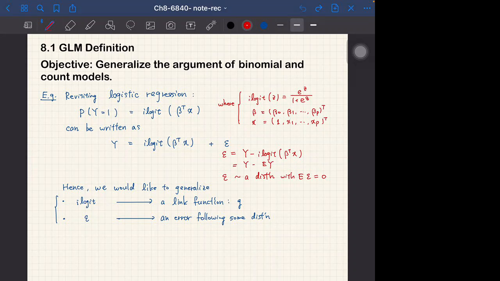Okay, so before the definition we revisit the logistic regression. The formula for logistic regression is here. The probability of y equal to 1 is equal to the inverse logit function of beta transposed x.